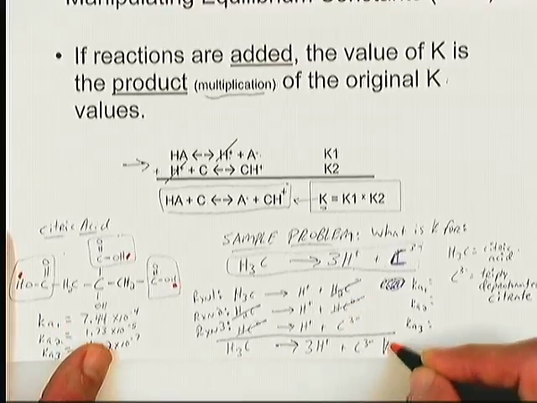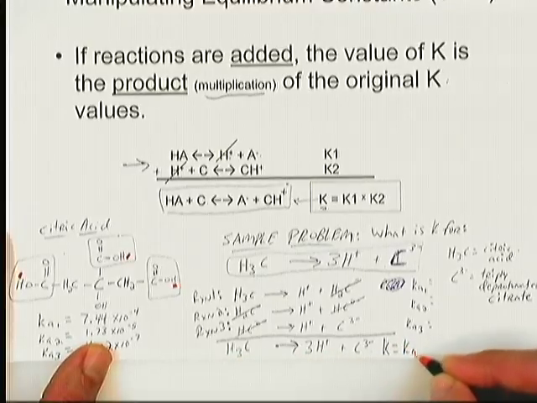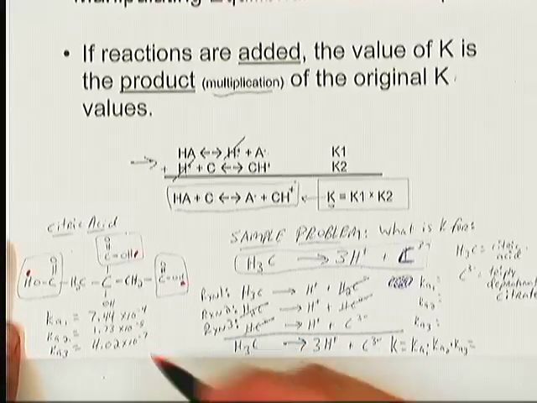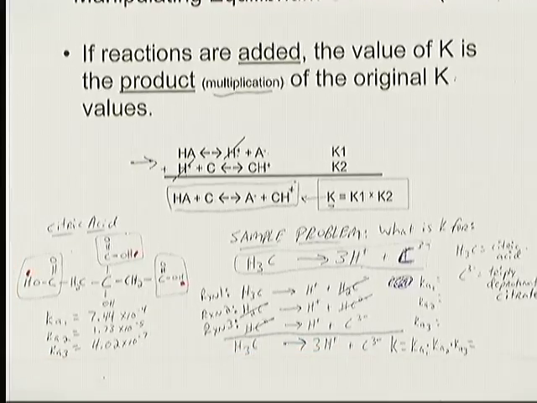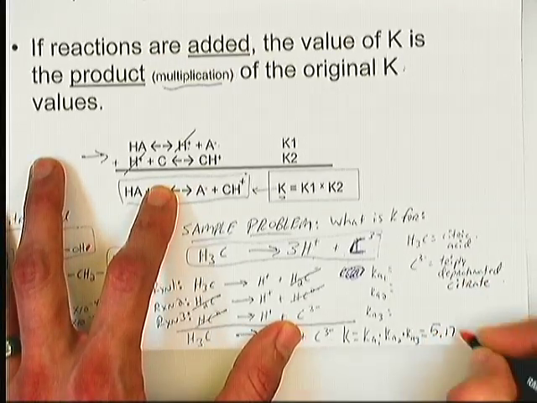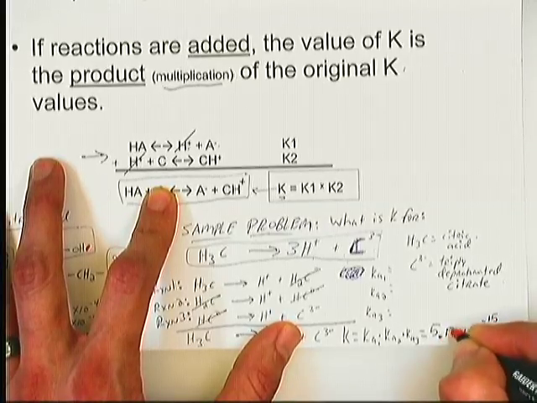So to solve for the K of this reaction, all I need to do is take the product of Ka1 times Ka2 times Ka3. I multiply these 3 numbers together. Okay? If I get a calculator out and I work that, I find the result is 5.17 times 10 to the minus 15th.